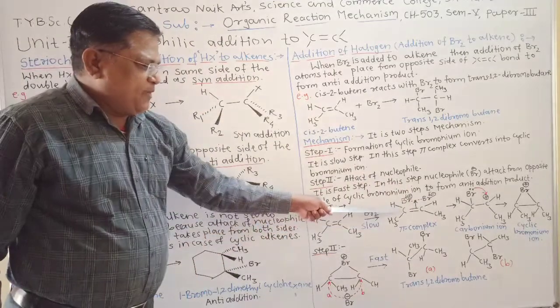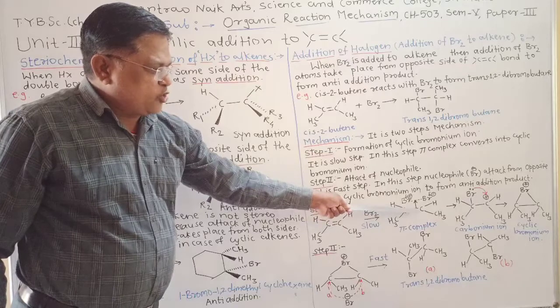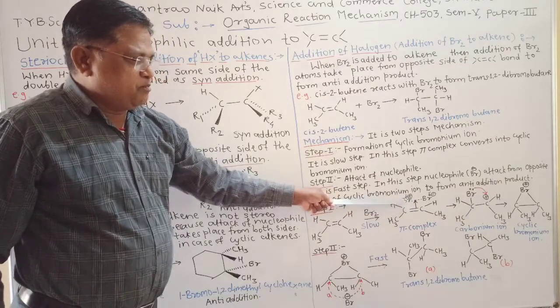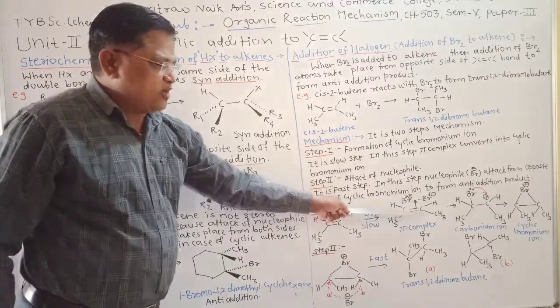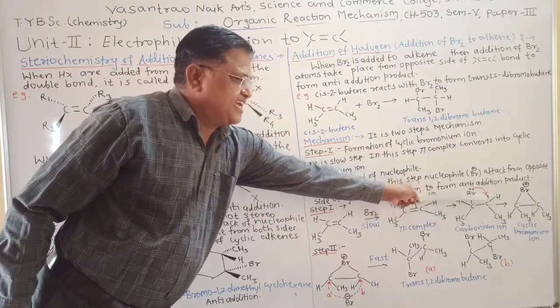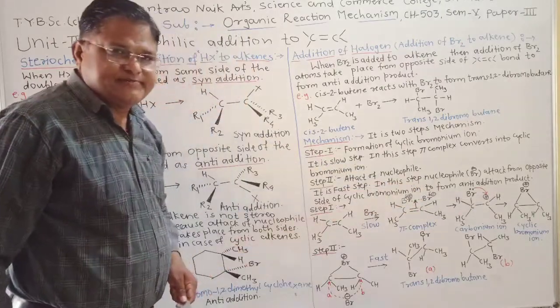Now in this pi complex, this pi bond is donated to this electrophilic bromine, and therefore this carbon atom becomes electron deficient and indicated by positive charge.